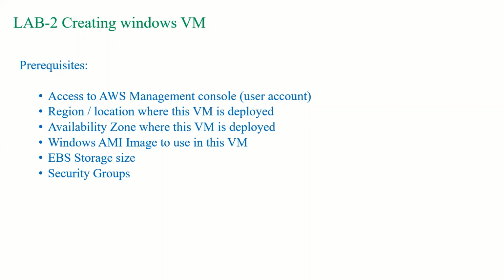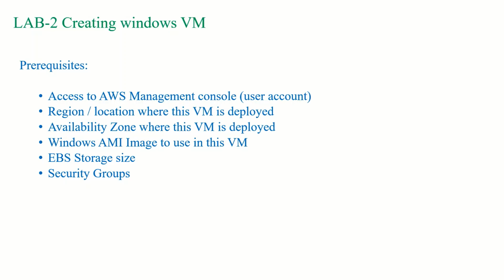I hope all of us have this, the first prerequisite. Next is a region and location where this VM, the virtual machine, is to be deployed. As we were discussing, whether you want to host your virtual machine in India or US, UK, Singapore, any location of your choice.